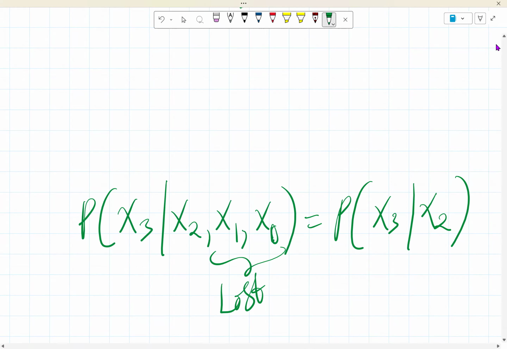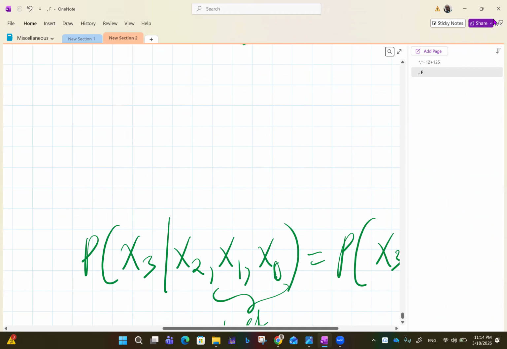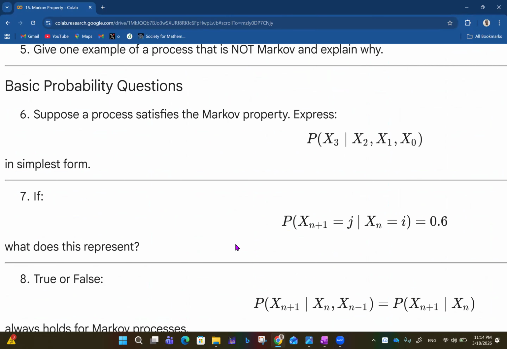So the memory of x1 and x naught are not necessary, basically. So, if probability of xn plus 1 equals j given xn equals i is 0.6, what does this represent? That means the probability that xn plus 1 is equal to j given that xn is equal to i is 0.6. So the probability that the current state determines the next state is 0.6.